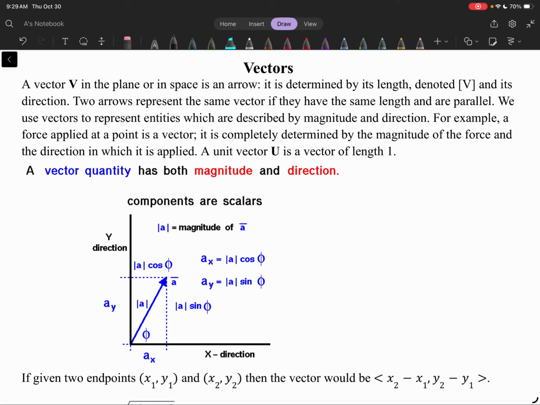Vectors are used for representing entities that describe magnitude and direction. Physics uses vectors a lot. Now here's my example to you.